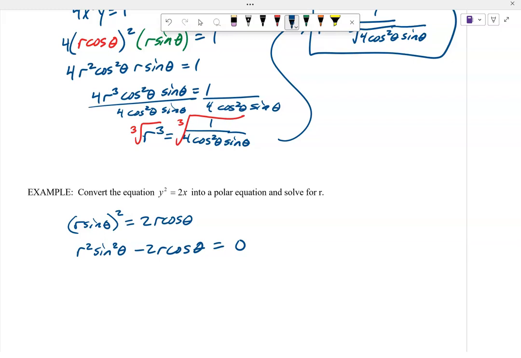And then let me factor an r out. So I got r equals 0, and then I got r sine squared minus 2 cosine theta equals 0. I'm going to solve that for r.